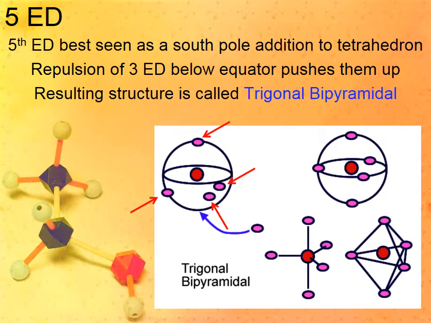And now we're adding the 5th electron domain at the bottom of the sphere and pushing up those lower electron domains back up to the equatorial axis, and therefore deriving from that what we call a trigonal bipyramidal structure.